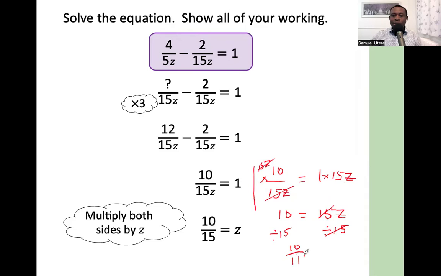I particularly like the one on the right side, the one I'm showing you, because it's a systematic way of doing what we already know how to do, step by step, to get to the answer. And of course, we can simplify this to be 2/3 because we can divide 10 by 5 and we can also divide 15 by 5.